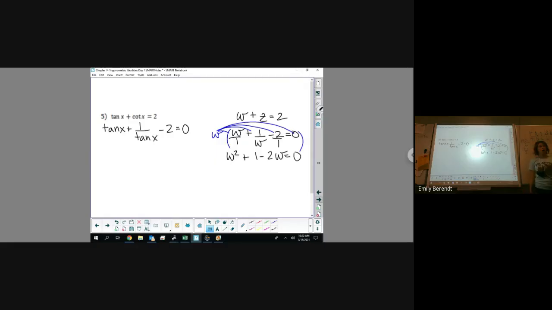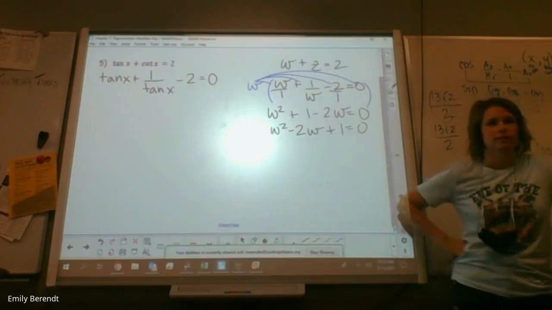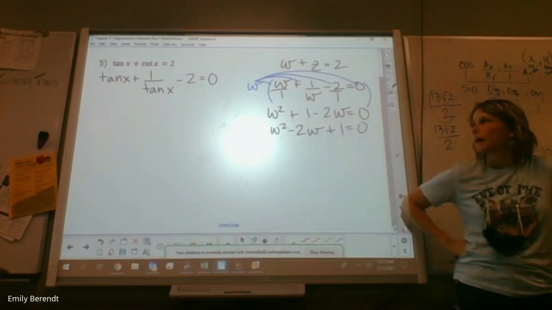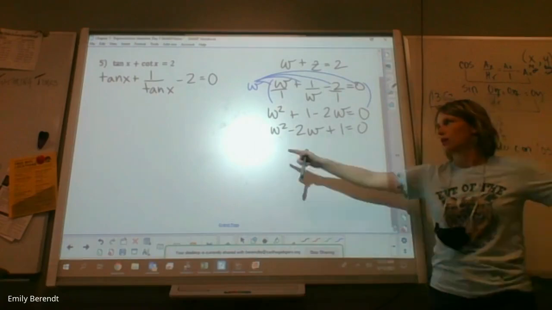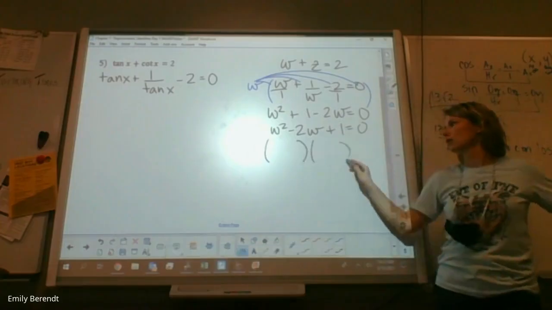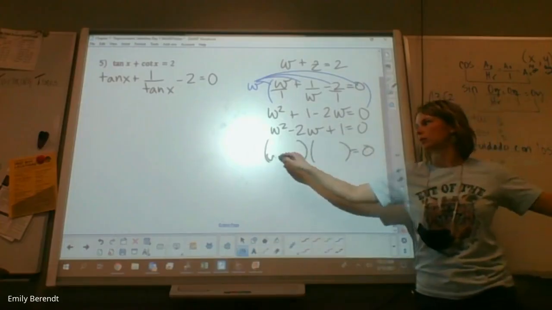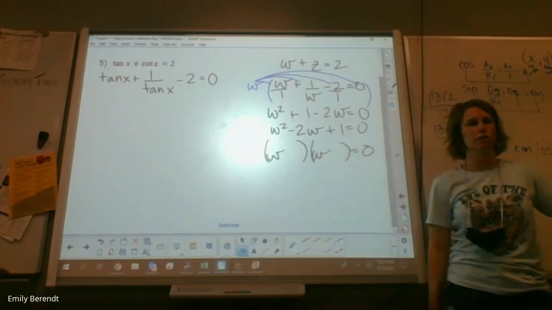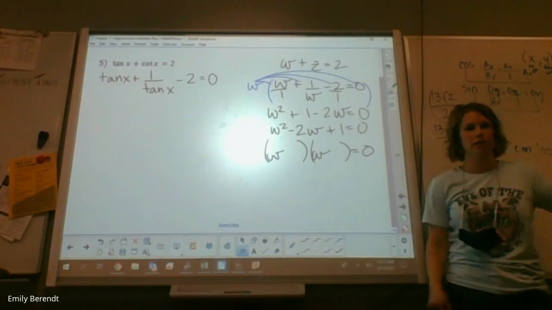We got a trinomial, except we need to put it in the order that we like to factor with. W squared minus 2W plus 1 equals 0. How's this going to factor? Split up that W squared into W and W. And then what do we need?